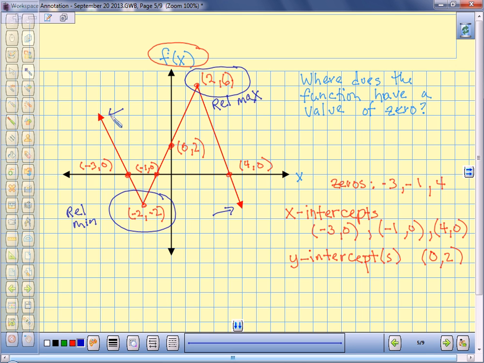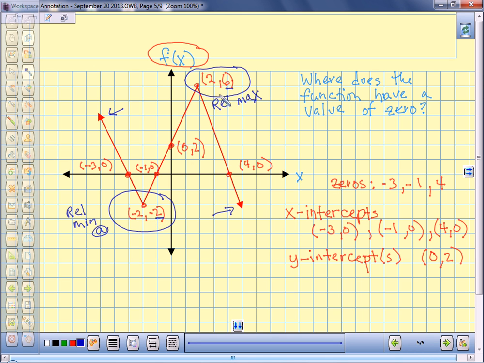Now, when we talk about the maximum or minimum value of the function, what we're really talking about is just the y value. But this year, I would like you to write it like this. The relative min occurs at the point (-2, -2). Later on, as we get into upper level mathematics, I will ask you for the maximum value of the function, and at that point you're just going to give me the y.